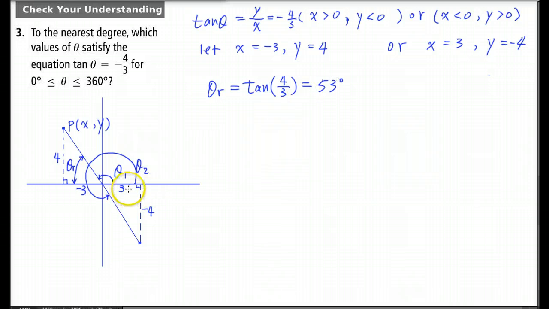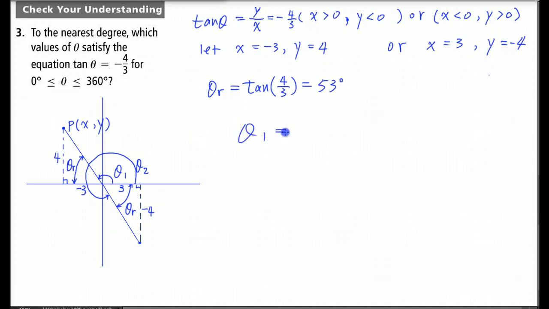It would be the same for this one, so it's also theta r. Once you find the reference angle, there are two possibilities for these two angles.